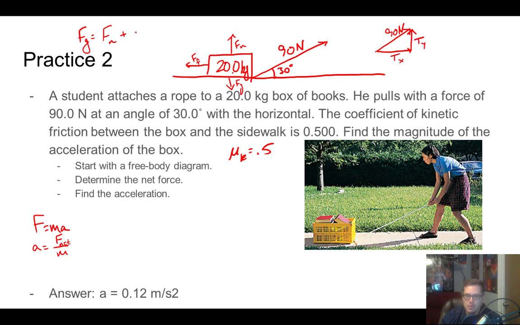So those two together need to equal the force of gravity. Let's solve for these, because we're going to need them. This angle is 30 degrees, so we know how to find these values. So 30 times sine of 90.